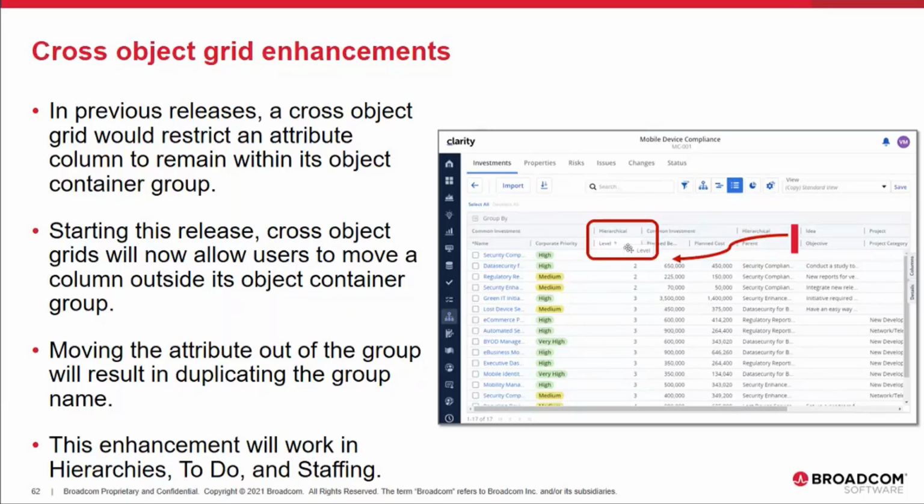Starting this release, we now provide the ability to drag an attribute out of its object container and arrange it however you would like to see the respective data. Once the changes are made, you can save that in your view and always access it as needed.